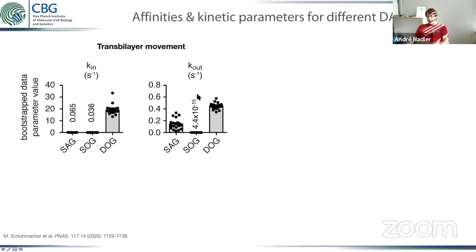However, a couple of months ago, a paper from Ilya Levental's lab came out where they looked at the asymmetry of the plasma membrane. And what they find is that highly unsaturated lipids, such as the one here, are more concentrated on the inner leaflet of the plasma membrane.